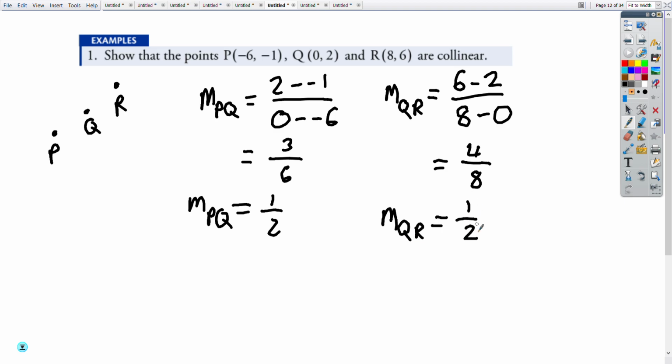And there's a specific statement that we need in order to get the full marks for this question. So what we have here is the gradients are equal to each other.